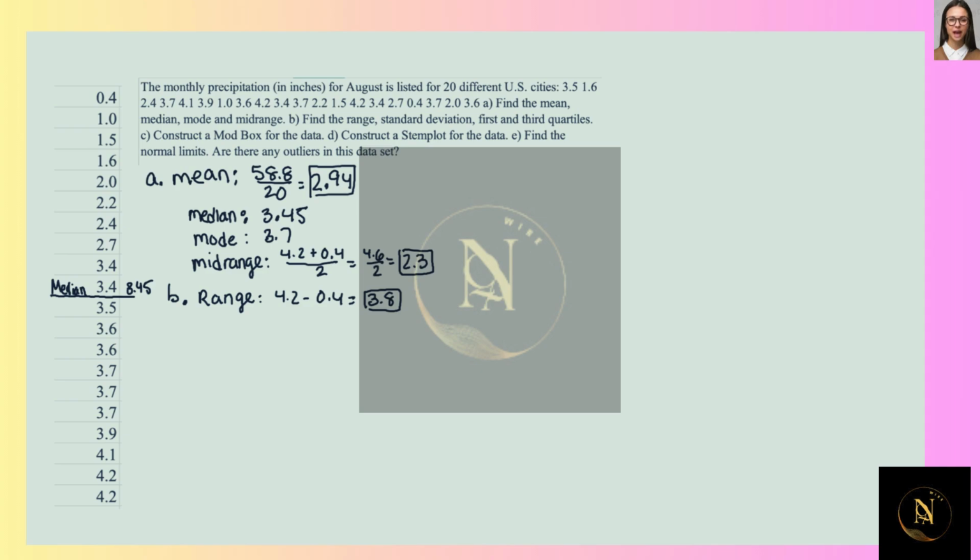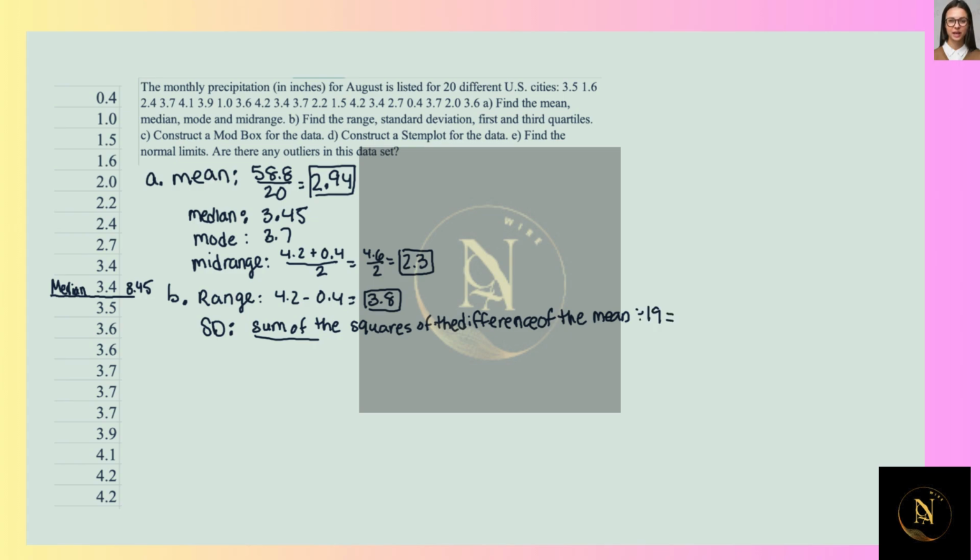Then you have to find the standard deviation. To find the standard deviation, you have to add up the sum of the squares of the differences from the mean, and then divide that by 19.